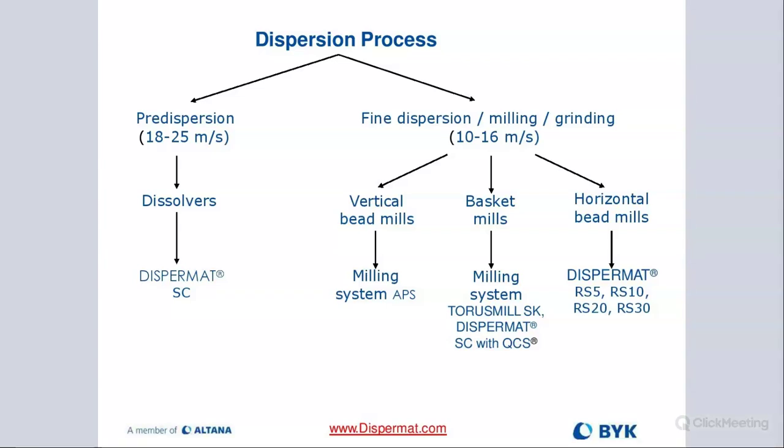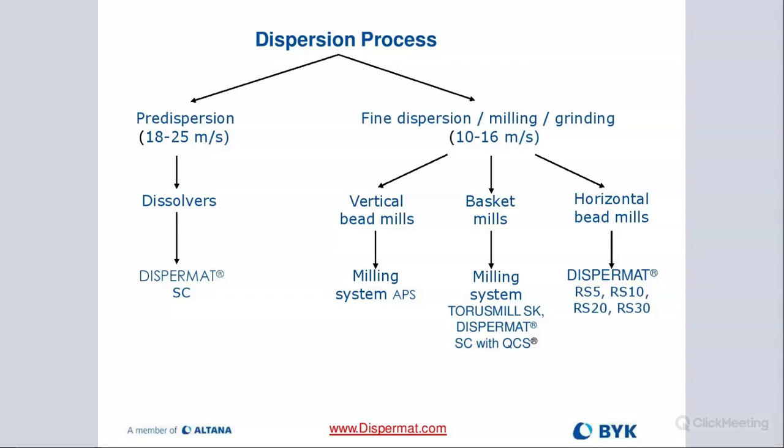And for that, we need to use either horizontal bead mills, basket mills, or vertical bead mills. Some people refer to them as pot mills, like our APS system. And then for the basket milling, our TML system, Torus Mill, SK, and also the quick change system.